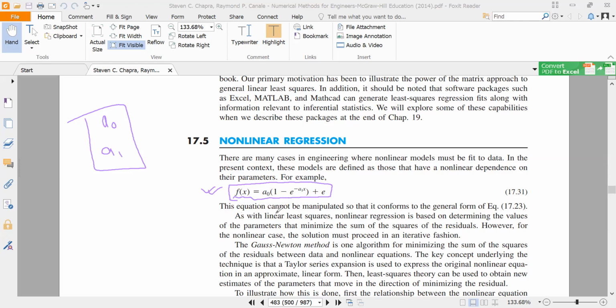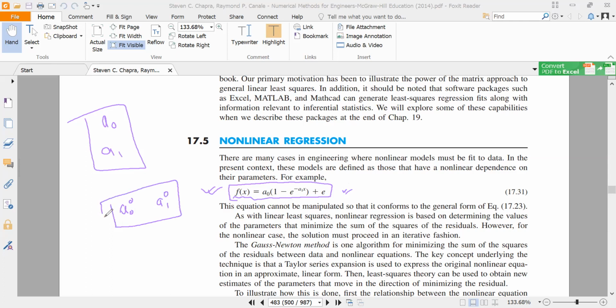But in the iterative cases, what we usually do is, for example, start with an initial value of A0, say A0,0, and A1,0. This is your initial value chosen as an estimate.